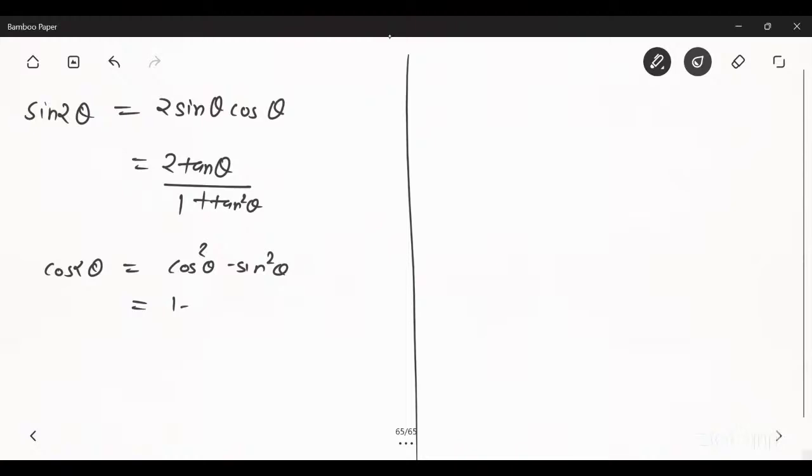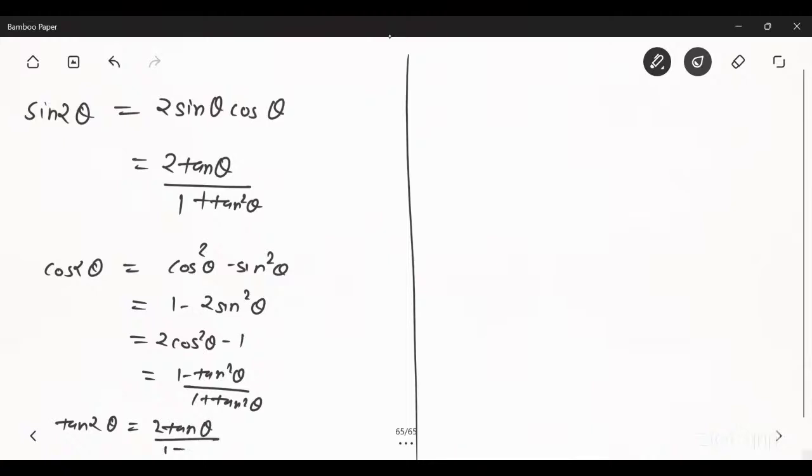Second formula is 1 minus 2 sin square theta. Third formula is 2 cos square theta minus 1. Next formula is 1 minus tan square theta upon 1 plus tan square theta. And the last one, the formula of tan 2 theta, is 2 tan theta upon 1 minus tan square theta.